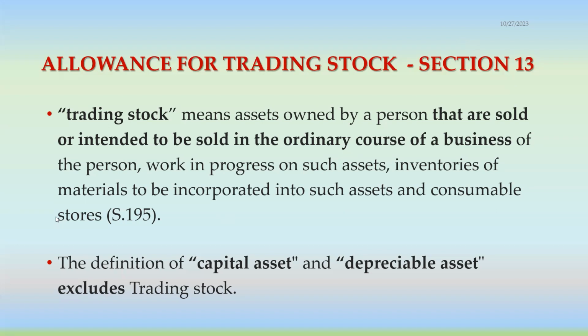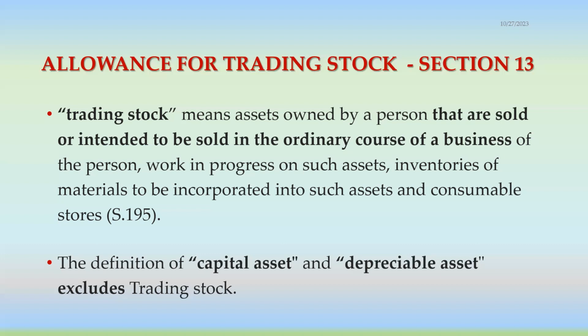Simply, trading stock means an asset that is sold or intended to be sold in the ordinary course of a business. We simply know trading stock as the stock of goods we hold. Those who have studied accounts know this. So now we are talking about the stock of goods we hold.